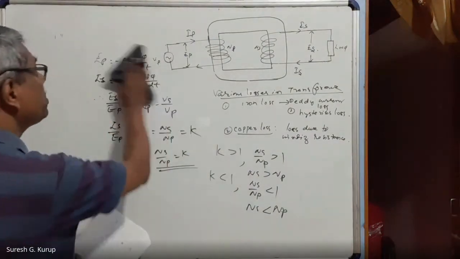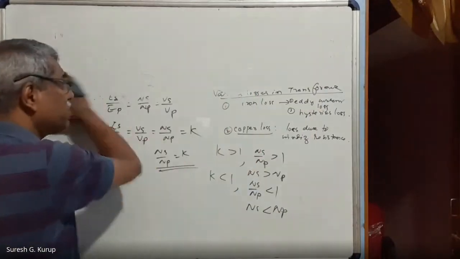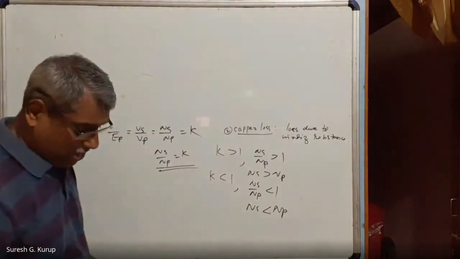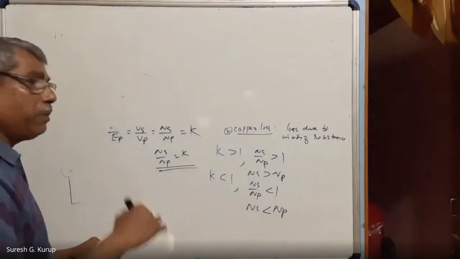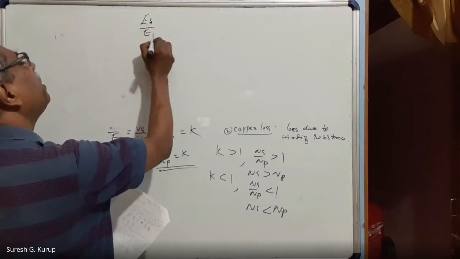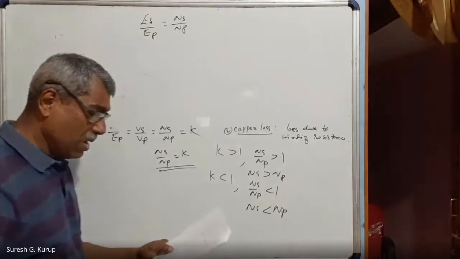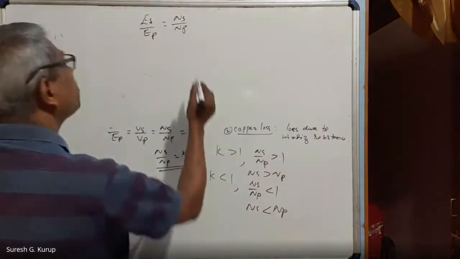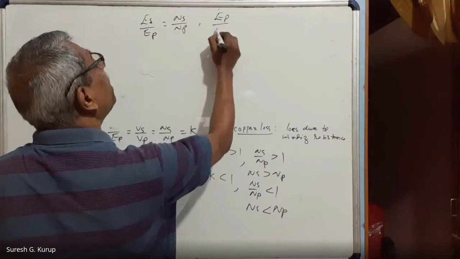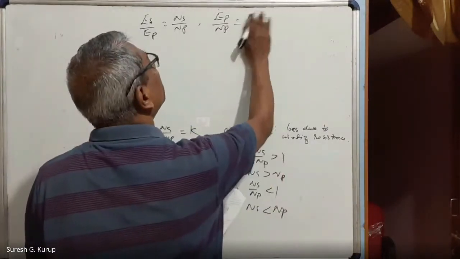Also, you will see a very interesting thing. All these things you will note. Also, we can say that ES by EP is equal to NS by NP. Once again, I'm writing ES by EP is equal to NS by NP. Or EP by NP is equal to ES by NS also we can write.